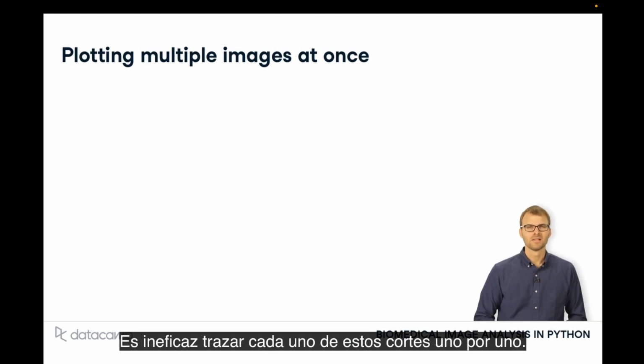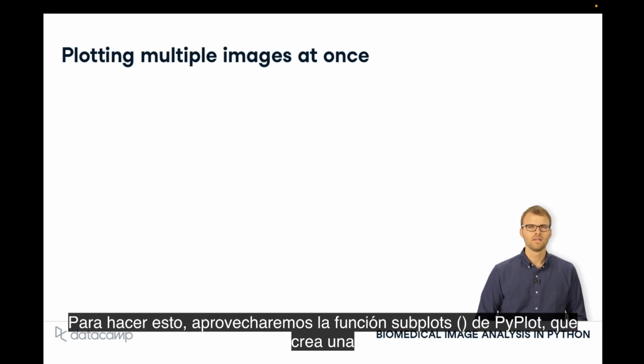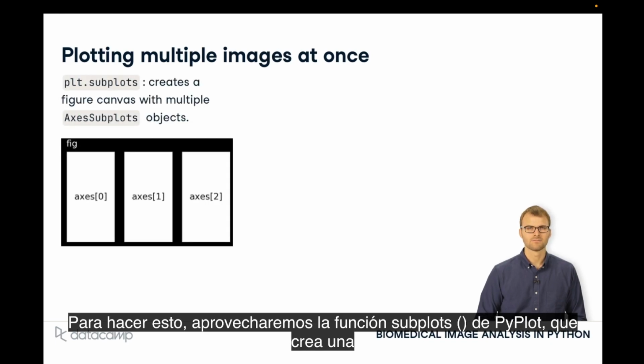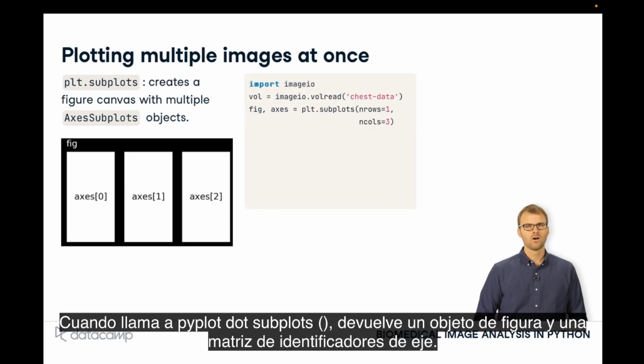It's inefficient to plot each of these slices one by one. A better way is to display many at once. To do this, we'll leverage PyPlot's subplots function, which creates a grid of axis objects based on the number of rows and columns you specify. When you call pyplot.subplots, it returns a figure object and an array of axis handles.